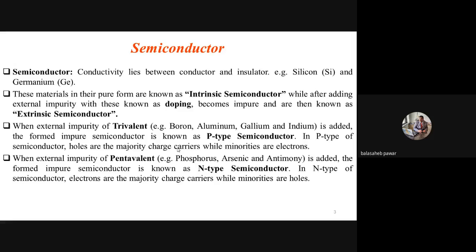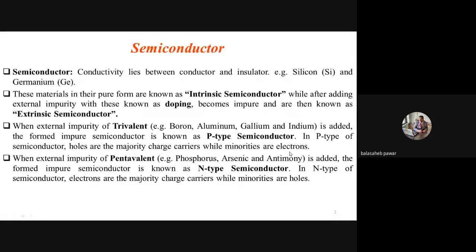P-type and n-type semiconductors are extrinsic, or impure, semiconductors. In p-type semiconductor, the maximum charge carriers are positive, and a very small amount of negative charge carriers are also there, known as minorities. That's why, in p-type semiconductor, holes are the majority charge carriers, while minorities are electrons.